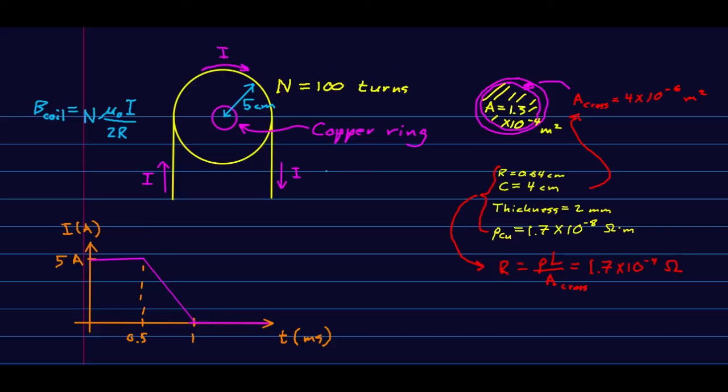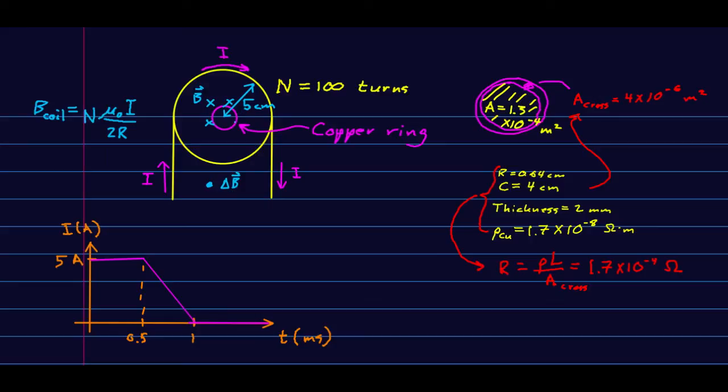So first let's work out the direction. Our coil is the source of a B field, and the right-hand rule tells you that that B field is into the page. So there is our B due to the coil. When the current stops, that B field will rapidly disappear, and so that is a change, a delta B, which is out of the page.